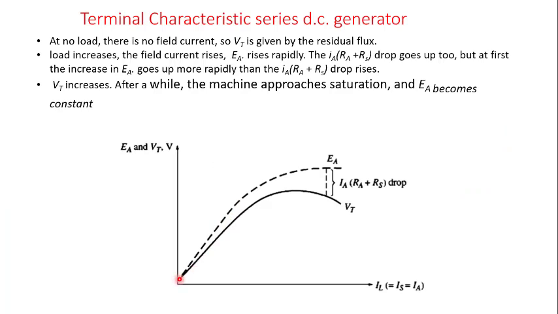Now we start it on load, then as the load increases, more current is going to be drawn. As more current is drawn, there will be more magnetic flux also. And the higher the magnetic flux, the higher the internal generated voltage. There's another school of thought that says the higher the load current, the higher the armature current, hence there will be higher drops.